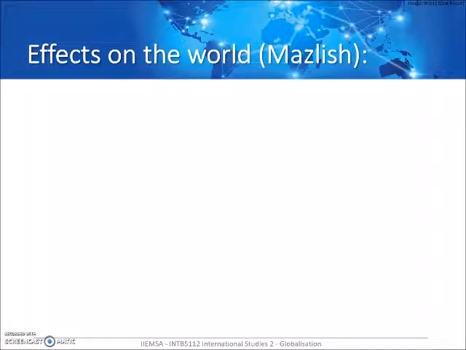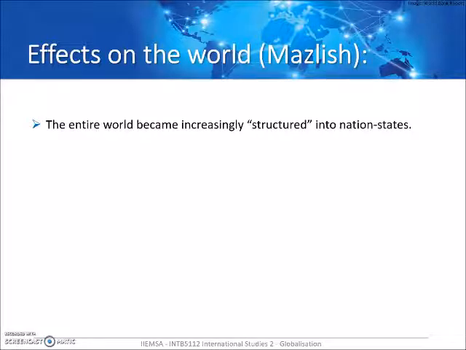Now, one important outcome was that the entire world increasingly became structured into nation states, right? Because you had these European states that functioned almost like they function today as nation states, and they went out and colonized the world and increasingly started structuring the world into nation states as well.